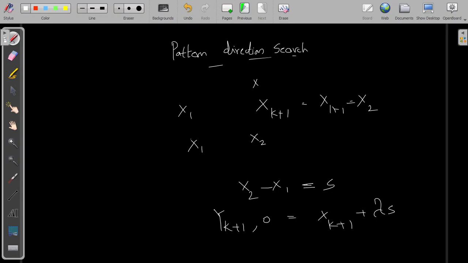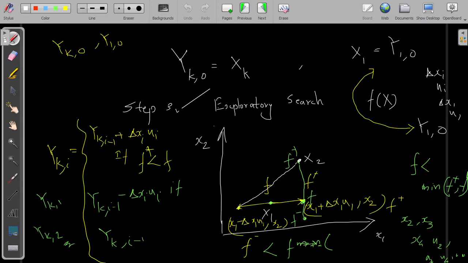That means here, k is 1, so y2 0 we will get as x2 plus lambda into S. That means we will go from this x2 in the pattern direction, like this, with optimum step length lambda in direction S. That means either in this direction or in this direction we will go.